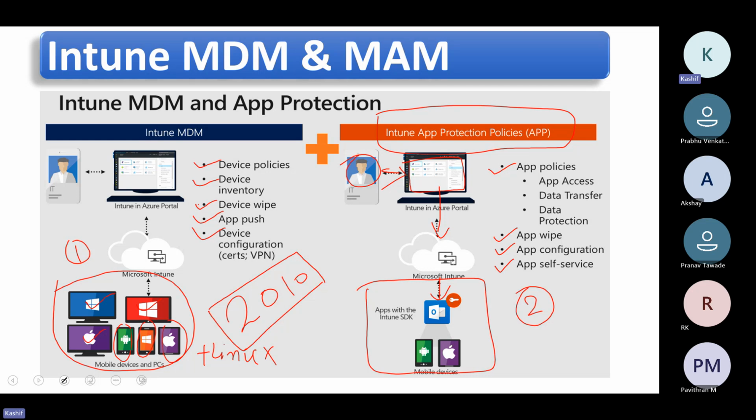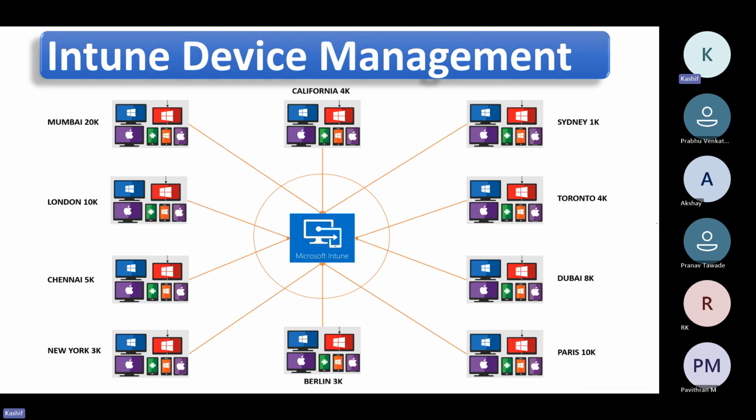Now, how do we manage devices all over the globe? Suppose you have a company called ABC Private Limited, right? This company has 50,000 employees all over the globe. The headquarters of the company is in New York, and other locations are the branch offices like Mumbai, London, Chennai, Berlin.